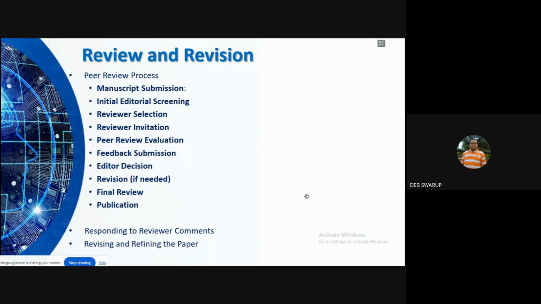The next couple of stages are responding to reviewer comments. Sometimes this particular part, responding to reviewer comments, defines whether a reviewer wants to give you a second chance or not.